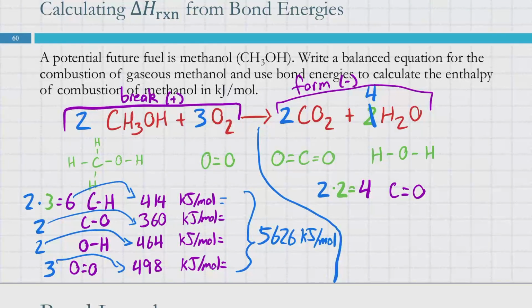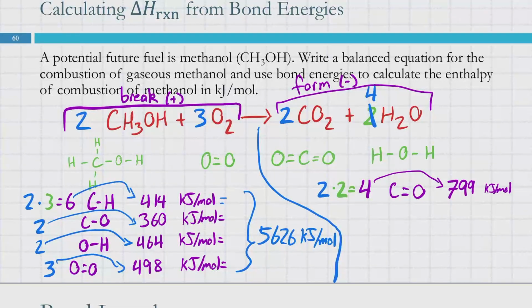If we look in our table, there's a value that's shown of 736 for C double bonded to O, but there's a little asterisk. And that asterisk below the table says that it's 799 in CO2. So we're going to use that 799 kilojoules per mole value. So it'll be 4 times 799. And then in our water, we've got hydrogen bonded to oxygen twice, and we've got 4 of them.